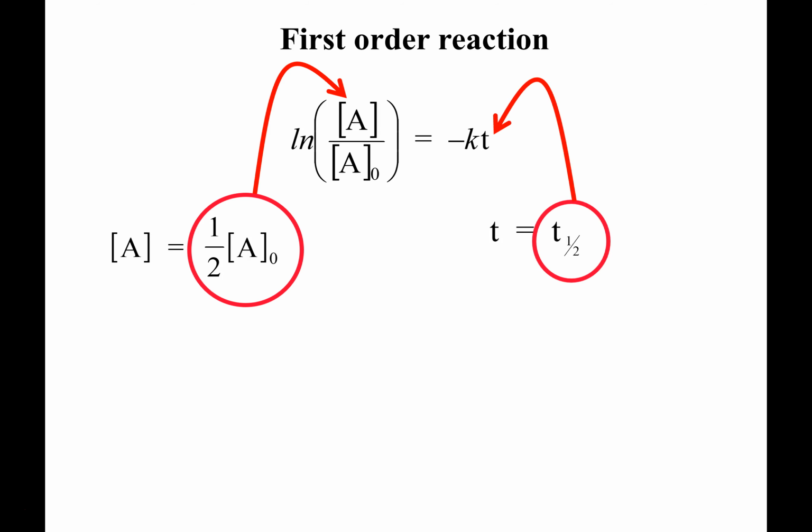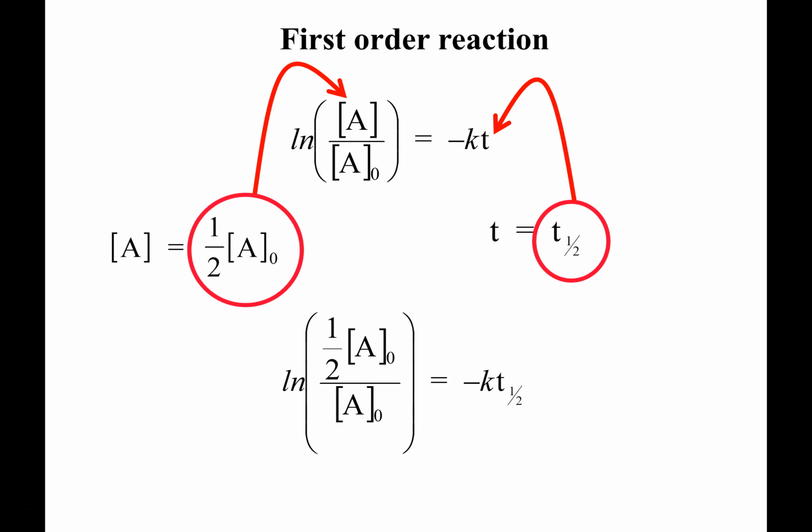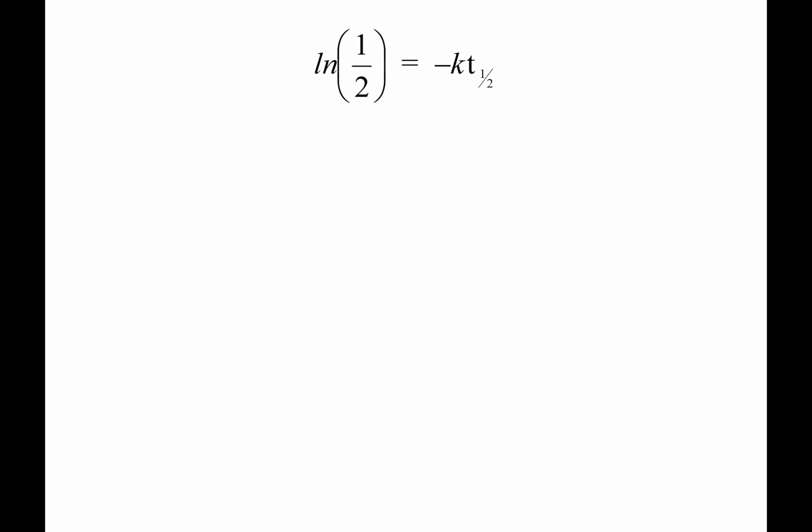Okay, so this is just for first order reaction kinetics of our reactant A. Notice 1/2 A0 over A0 is 1/2, right? So things kind of fall into place. So we end up with this relationship for the half-life if it's first order.